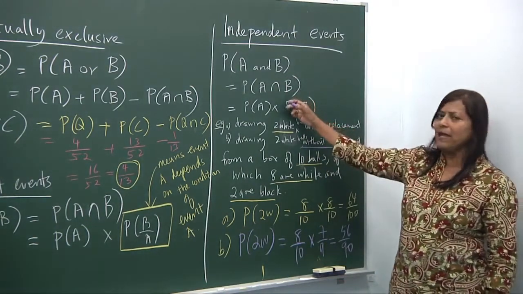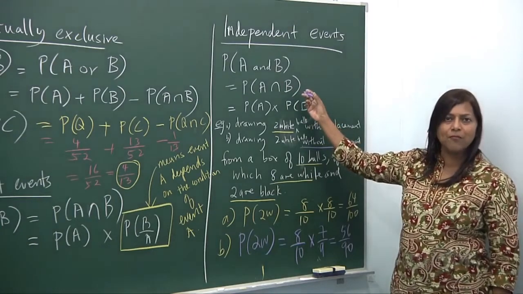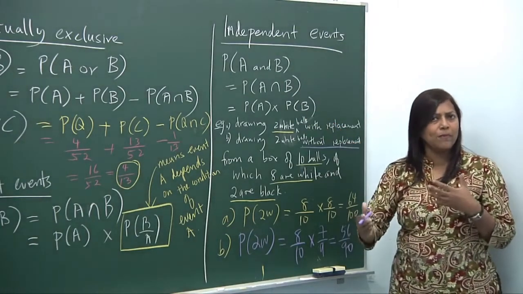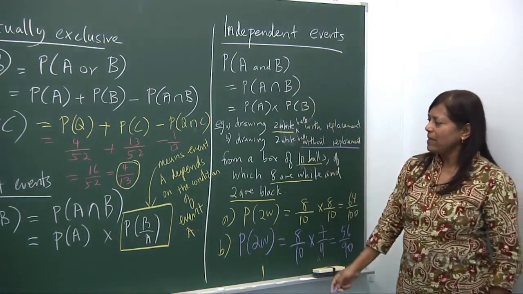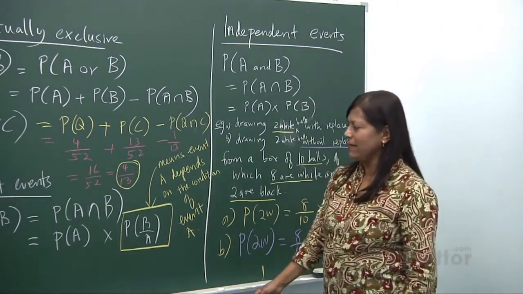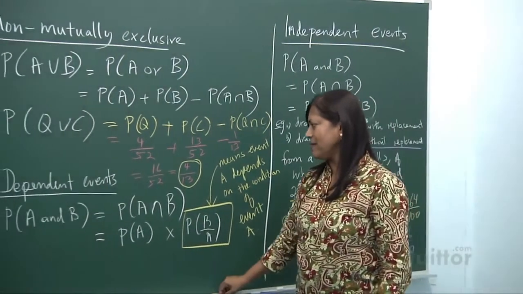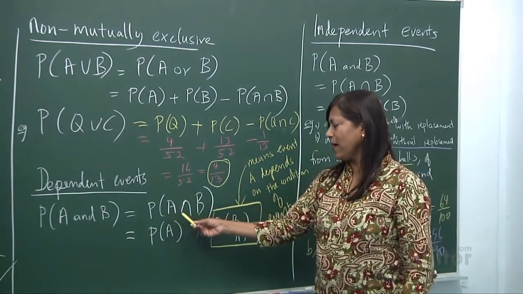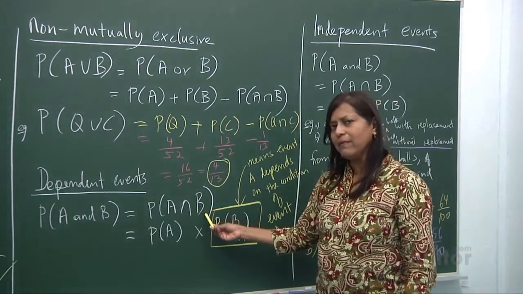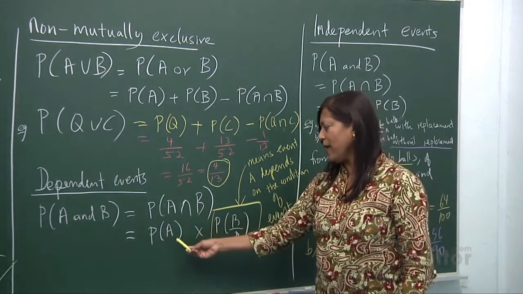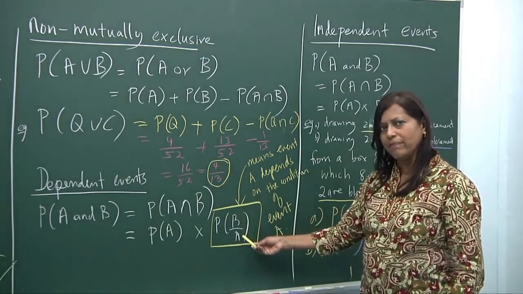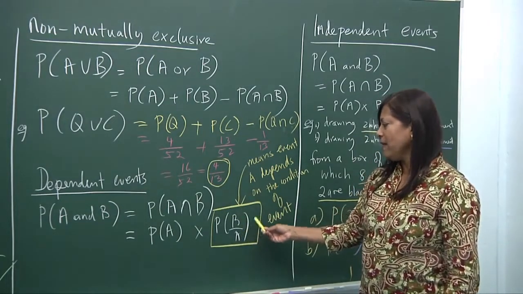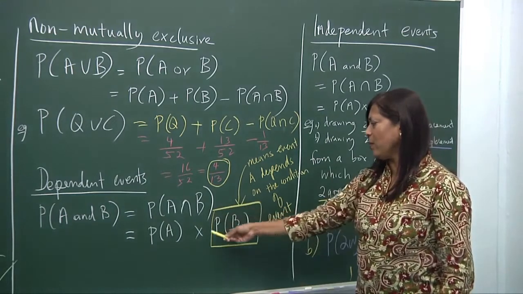So this is what we call an independent event: the probability of A times the probability of B, because you want a follow-up event that follows. But when we talk about dependent events, the probability of A intersect B is the probability of A times the probability of B given A. This is not really a worry.